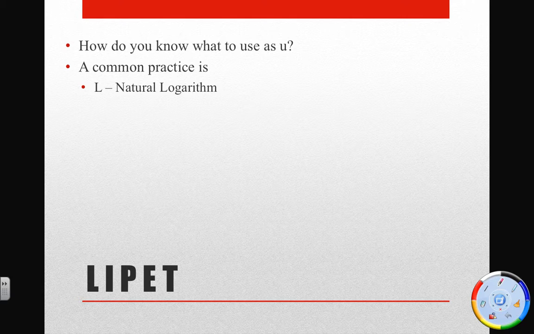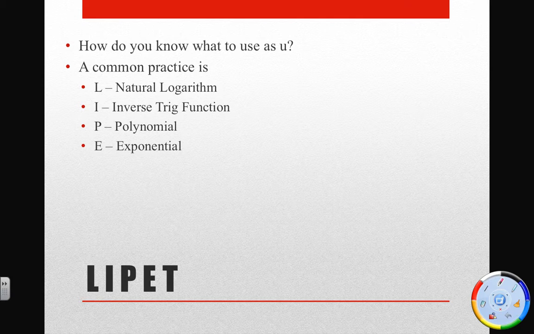L is natural logarithm. This is an order in which you look: if you can use the natural logarithm, use it first. If you don't see a natural logarithm and you see an inverse trig function, use it. Then you keep going. P is polynomial, E is exponential, and T is a trigonometric function. In the first example, I chose the polynomial over the trigonometric function because polynomial came first.